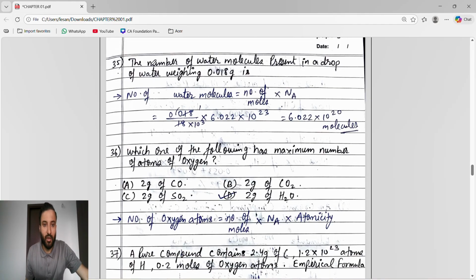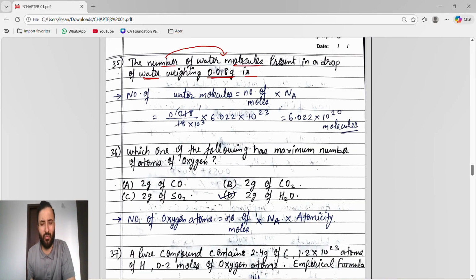Okay. The number of water molecules present in a drop of water weighing 0.018 gram is, means what we have to find? We have to find the number of water molecules present in a drop of water weighing 0.018 gram.